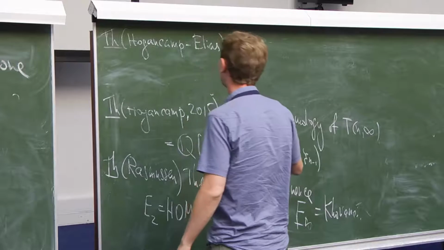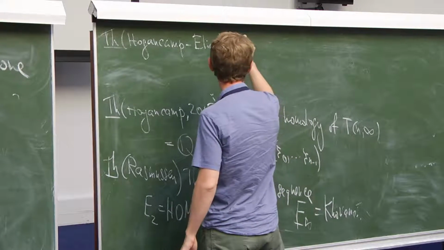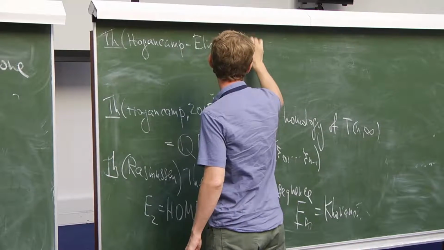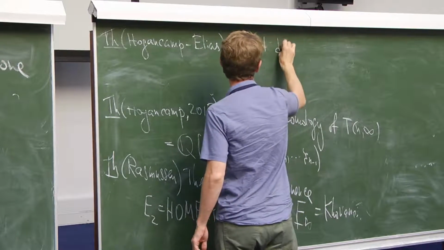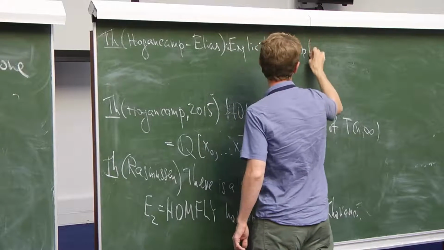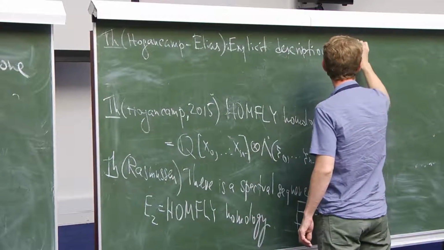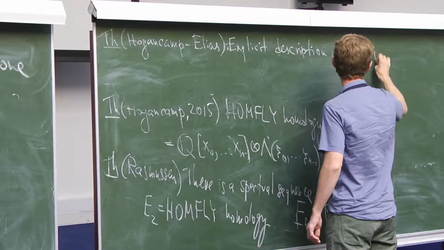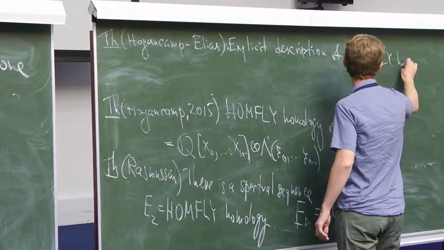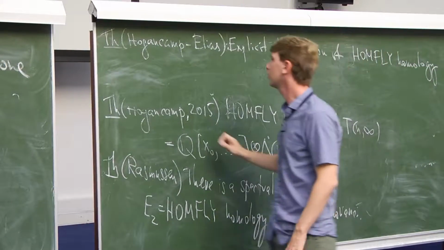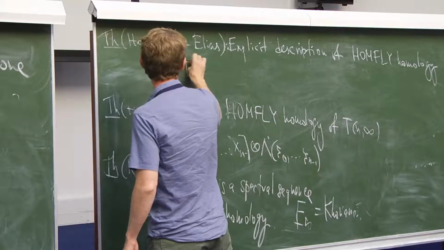They computed, so let me just not write the formula, but say that they have an explicit description of, again, Homology homology of the n torus knot.